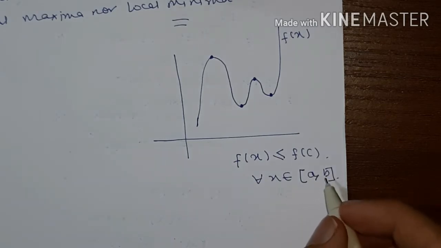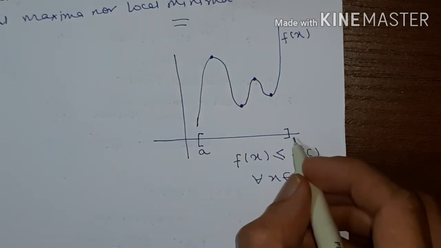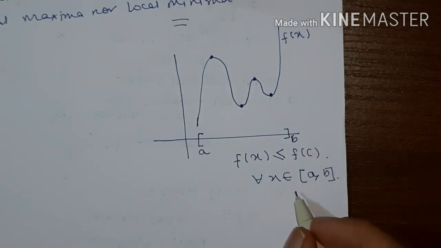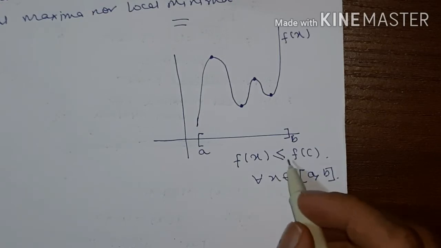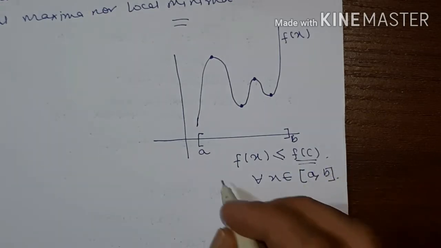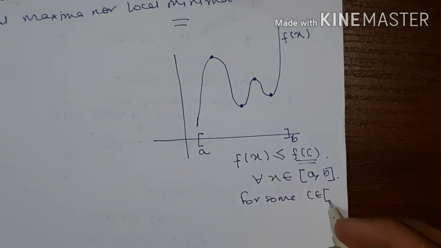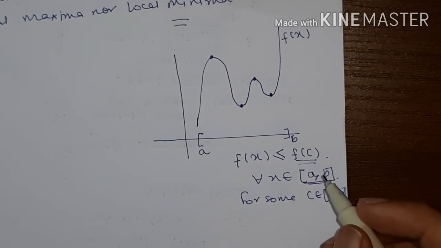I will take it as [a, b]. So if this is a and this is b here, and f(x) is less than or equal to f(c) for some c in the interval.